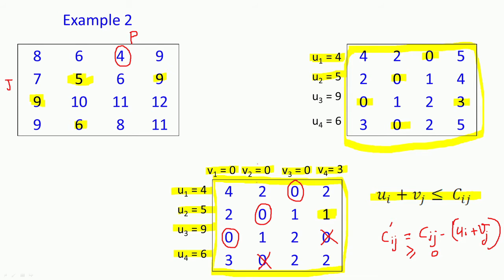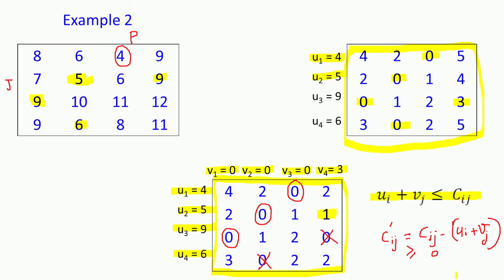For this particular example, at this stage we are not able to get the 4 allocations, we have to do something more. But if we have an n by n matrix where after subtracting the row minimum and the column minimum we get a reduced matrix, that means there are some ui's and vj's that we have defined.